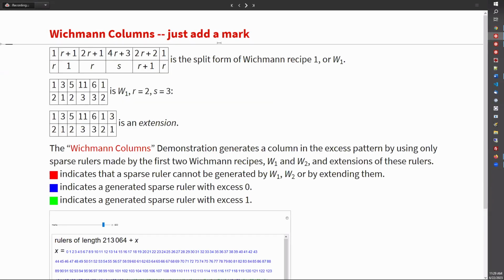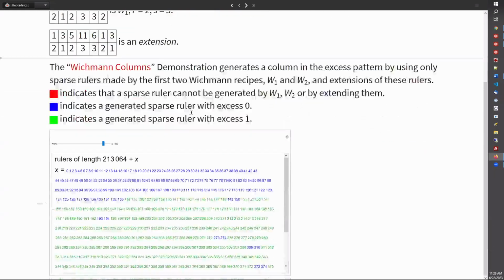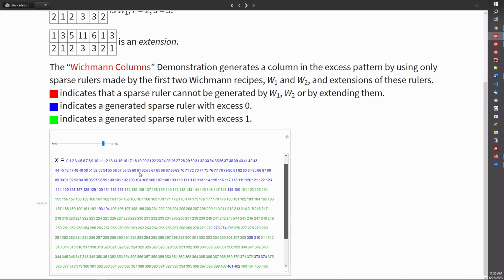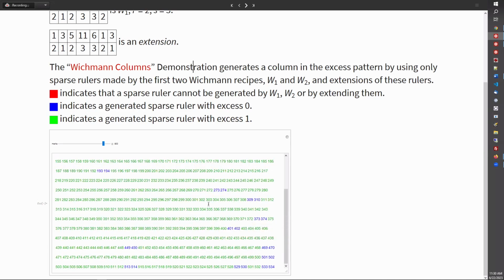So with the Wickman recipe, we can just add a single mark, and that's what I'm doing in this demonstration called Wickman columns. We can basically pick the number of marks, say 800 marks. So that gives rulers of length 213,000 plus x. So for x in any of these values, we get items that work.